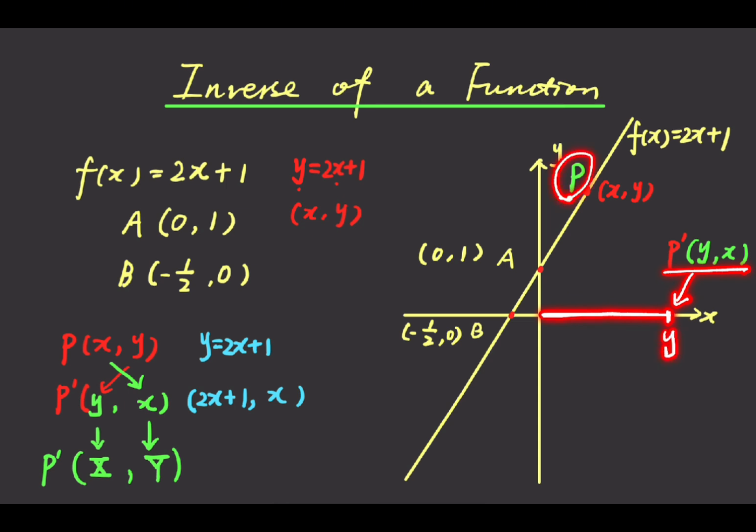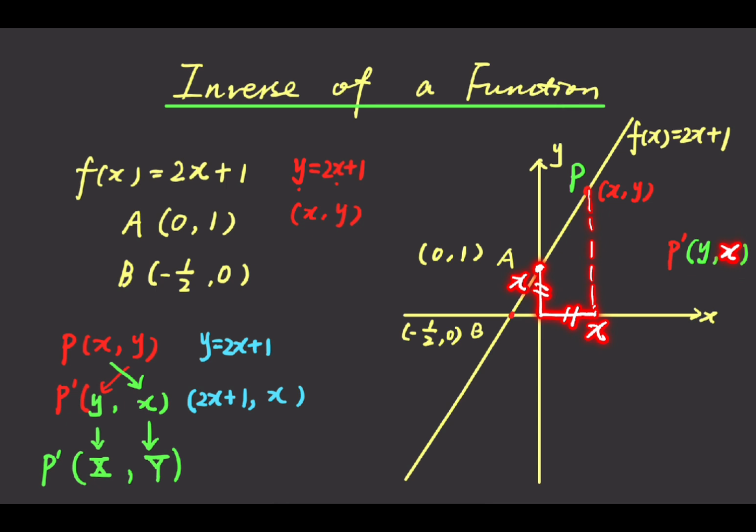For this point P, this y, this number is on the y-axis. This equal to this, right? These two distances are equal to each other. Here, x, not here, it should be here. This x should be equal to this one. It should be x. So these two line segments are equal to each other.